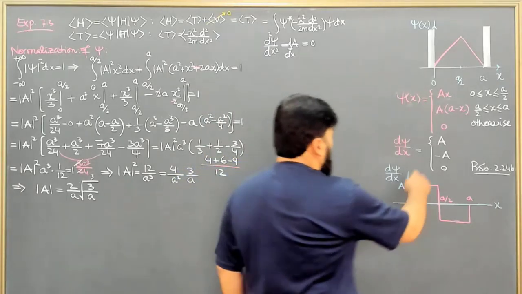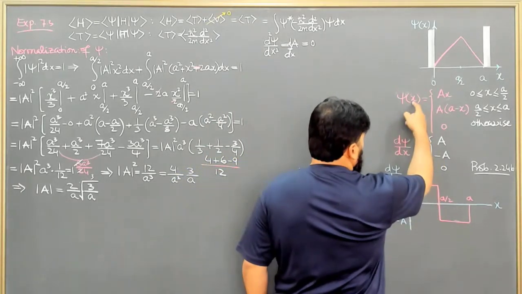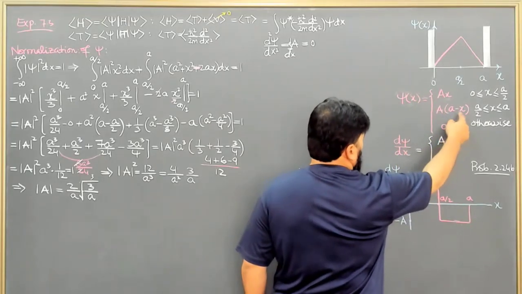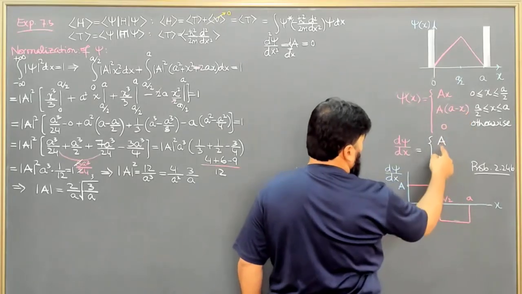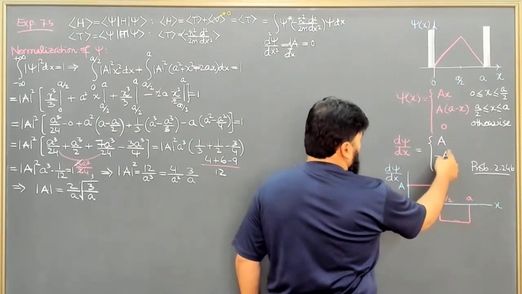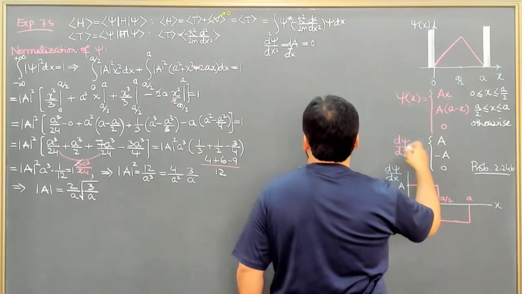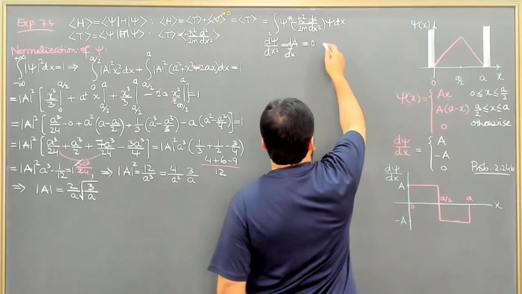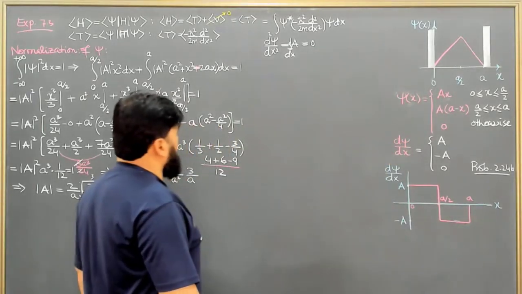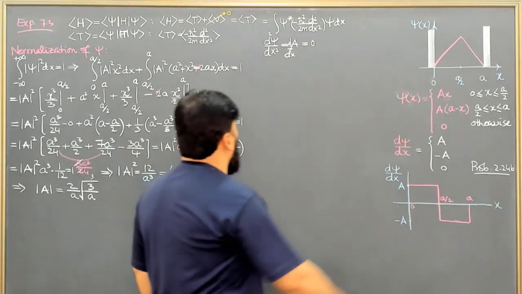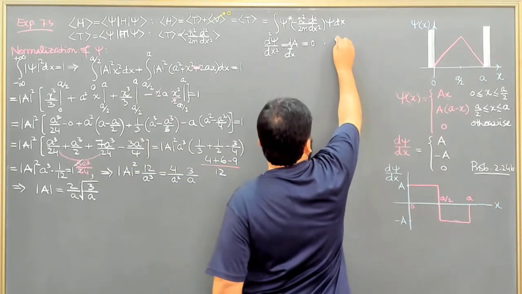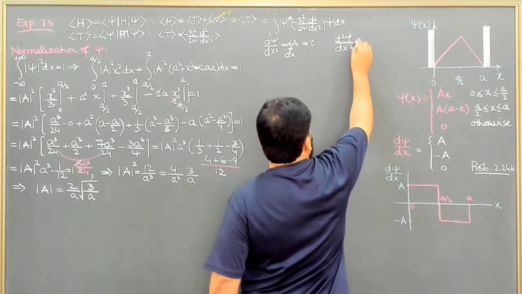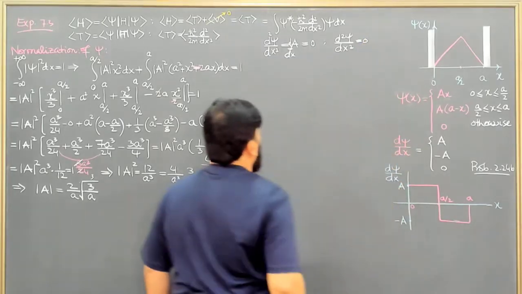While if I take out the other one, then dψ/dx will come out to be minus a, because this becomes minus 1 and we have minus a here. If I take another derivative of this one, then this will also be equal to 0. So both the values of this one are coming out to be 0, means d²ψ/dx² is coming out to be 0.